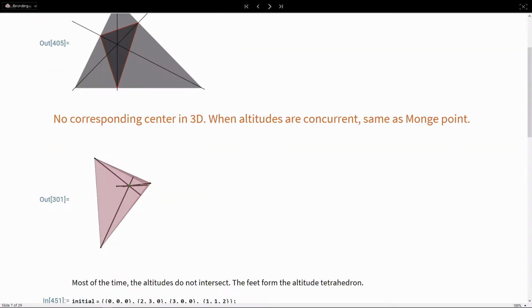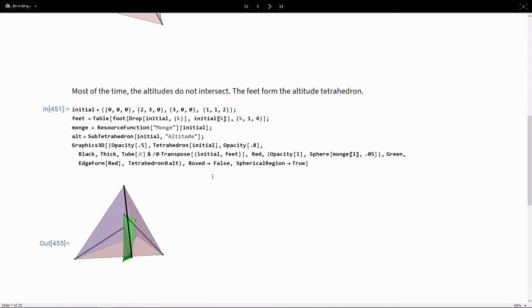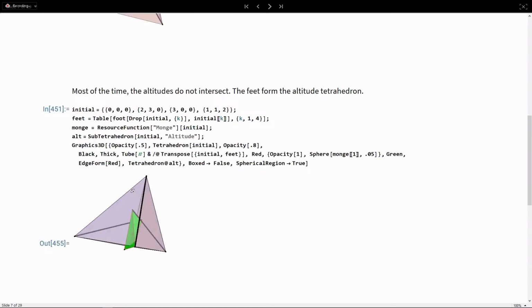There's no corresponding center in 3D. Sometimes it works in what's called an orthocentric tetrahedron, but it doesn't always work. When they do intersect, it's the same as the Monge point, which we'll cover on the next slide. Most of the time, though, they do not intersect.